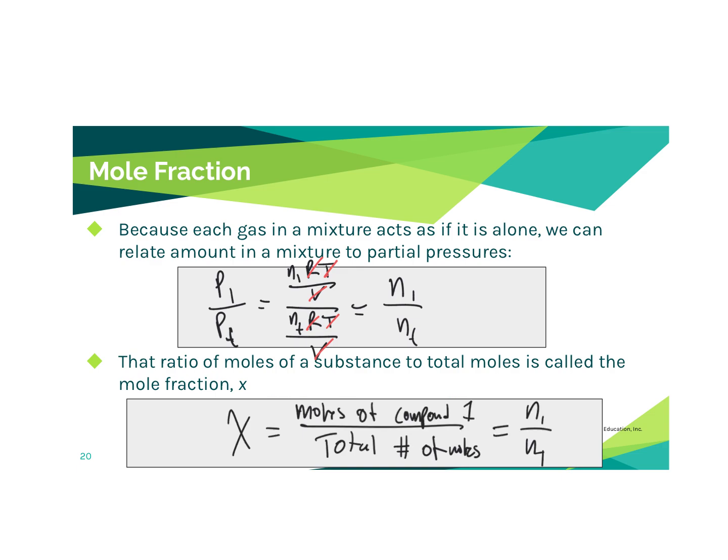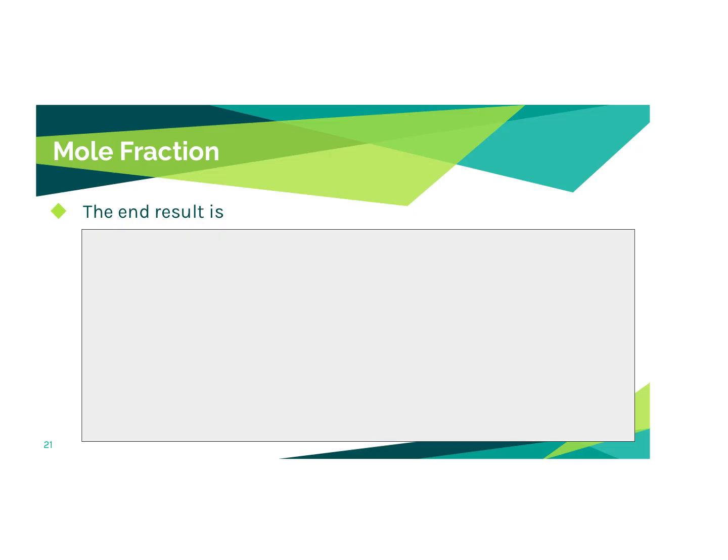And so this is how you can relate a pressure fraction to a mole fraction. And so the end result here is if you're trying to figure out the pressure of one gas in a mixture, that would be equal to the number of moles of that gas over the total number of moles times the total pressure, otherwise known as the mole fraction chi or x times the total pressure.